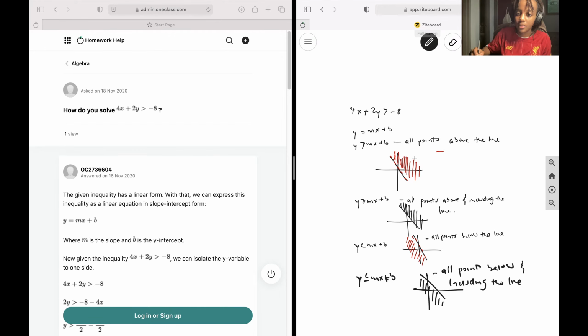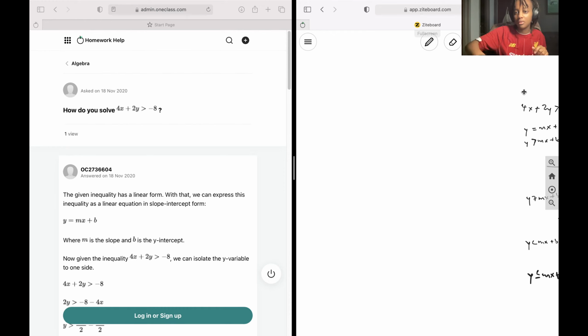Okay, so now knowing all of this, just move on here. When we have 4x plus 2y is greater than -8, let's isolate for y so we can get it in one of these four forms.